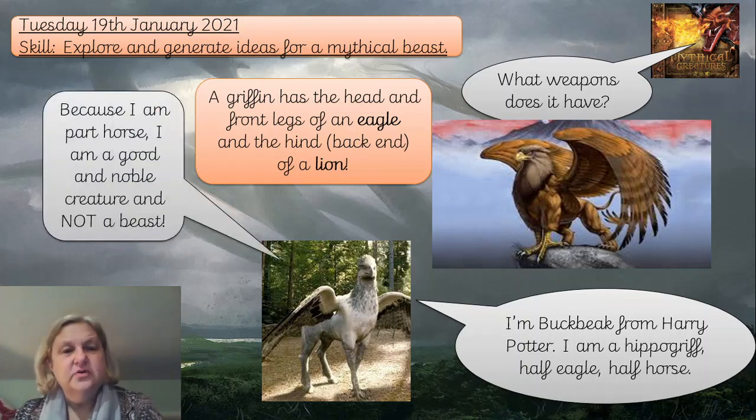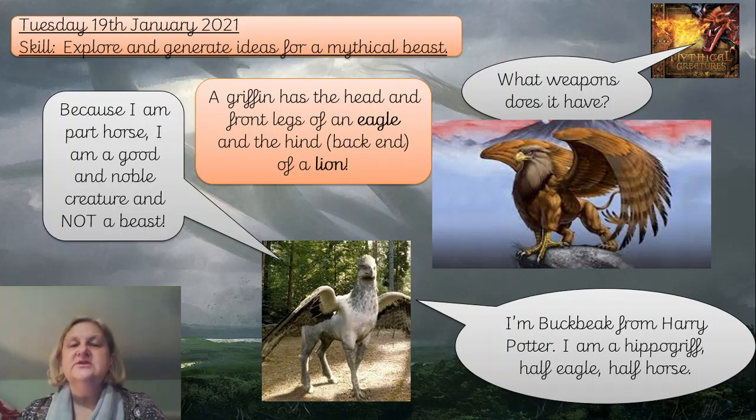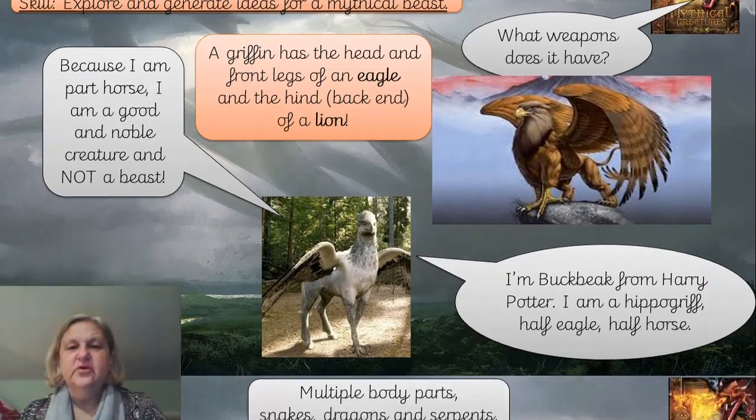And he's part horse, which means that he's good and he's noble. He is not a beast. He would not consider himself a mythical beast. He would say, I'm a mythical creature because I am a good guy. Okay, I'm good, I am royal.